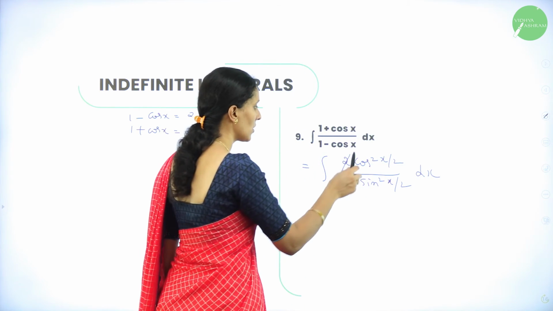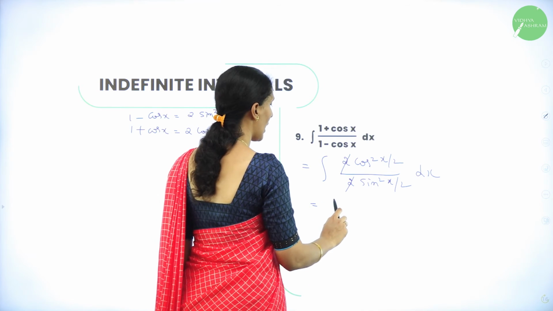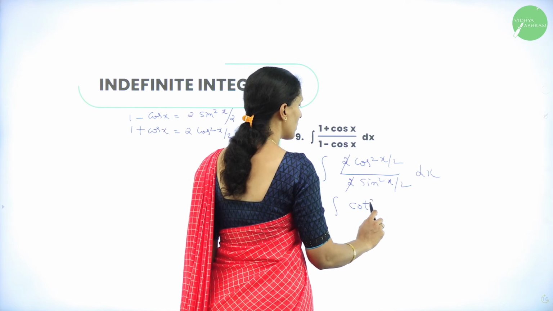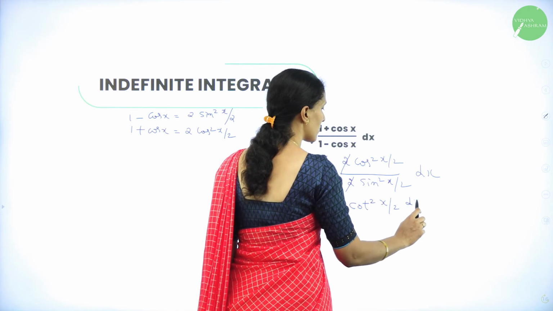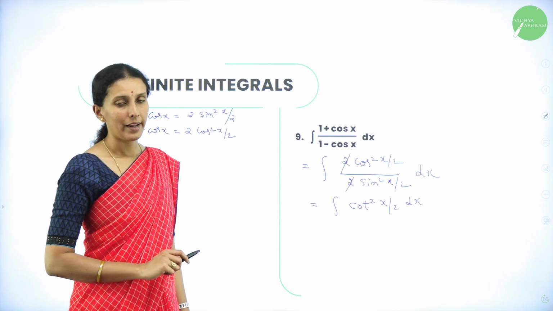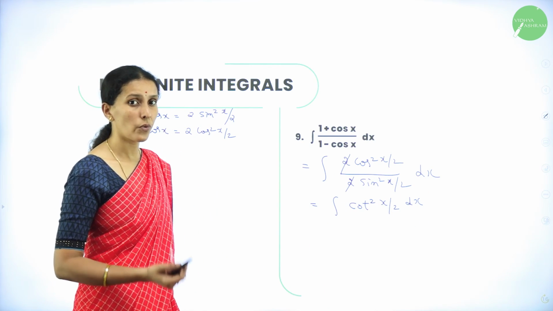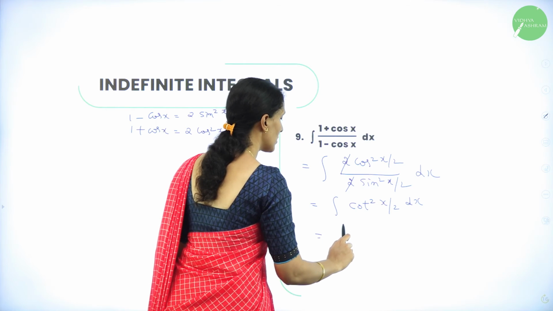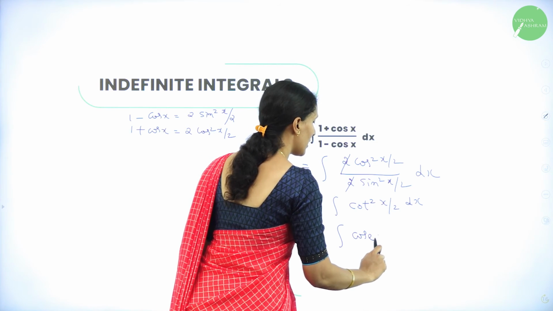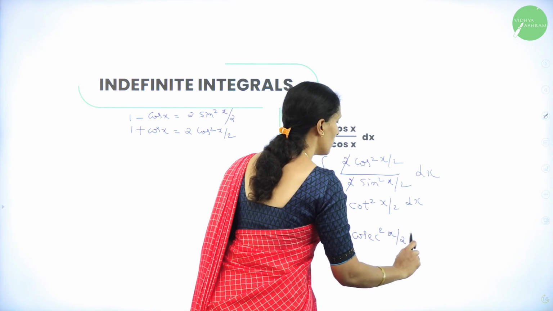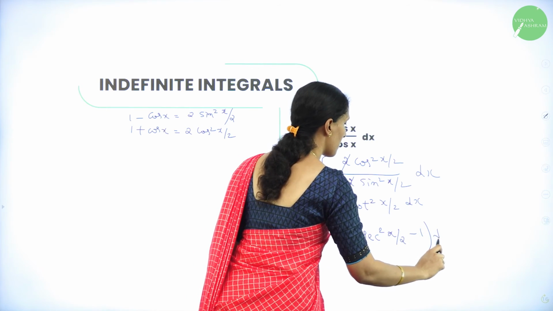2 gets cancelled. Cos square by sine square can be written as integration of cot square x by 2 into dx. So cot square can be written as cosecant square x minus 1. So therefore this is integration of cosecant square x by 2 minus 1 into dx.